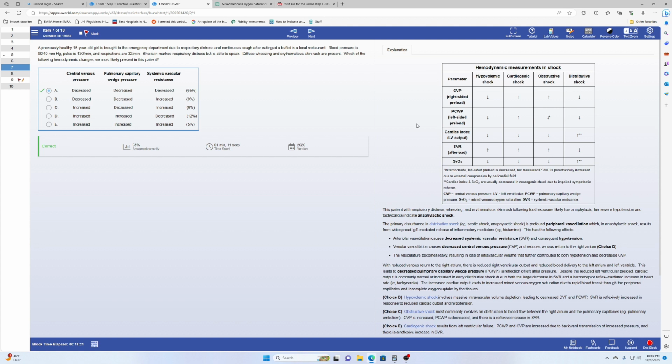Again, don't make a question like what happened to CVP, PCWP in hypovolemic shock, and you say low, low, low, high, high. That's really a bad card because it does not give you basic understanding of everything. You need to explain why. So what happened and why that happened. That would be a great card to use.